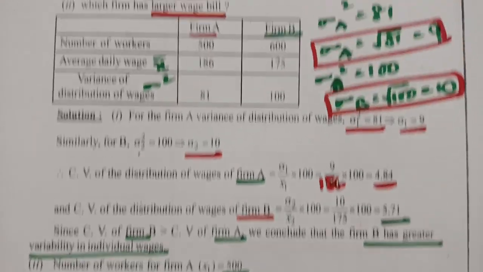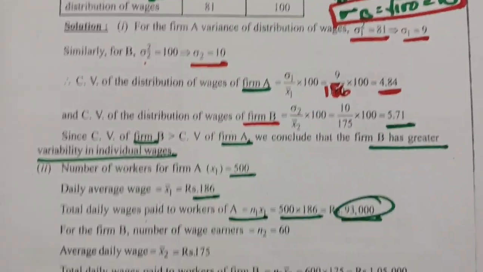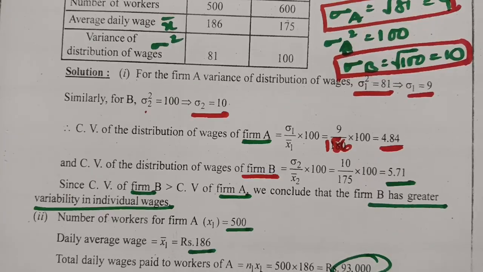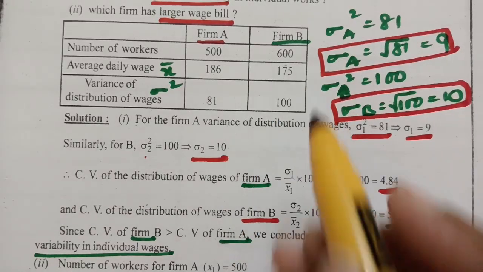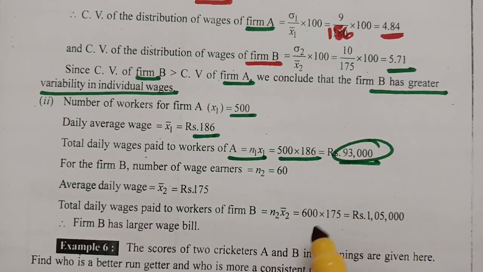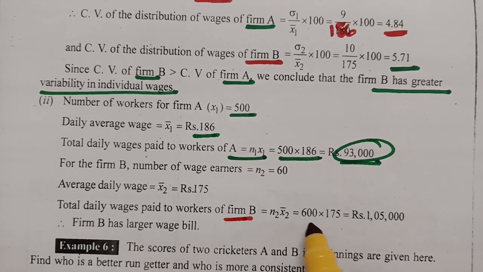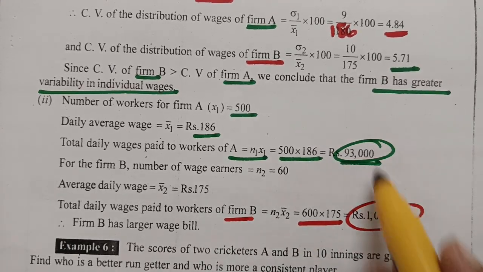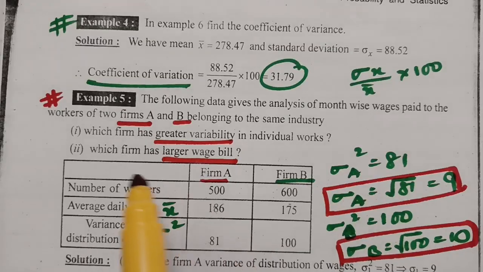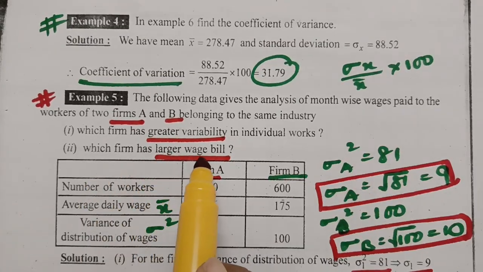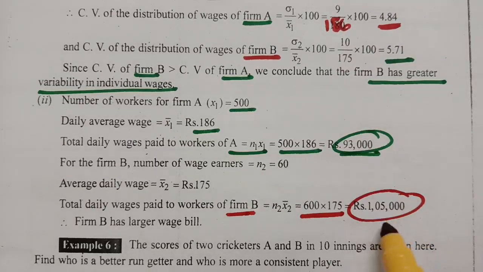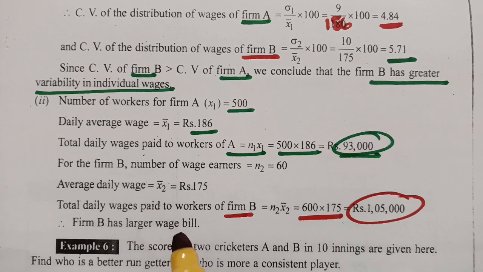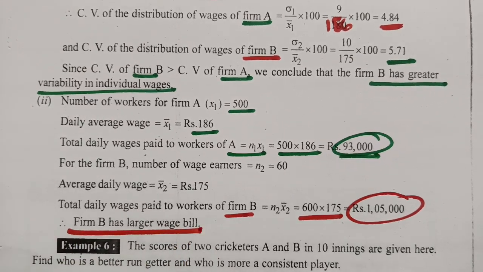For firm B, the number of workers is 600, and the average wage is 175. So for firm B it is 600 into 175, and the value is 1,05,000. On comparing these two, the second question is which firm has the larger wage bill. The bill for firm B is greater. Therefore firm B has the larger wage bill.